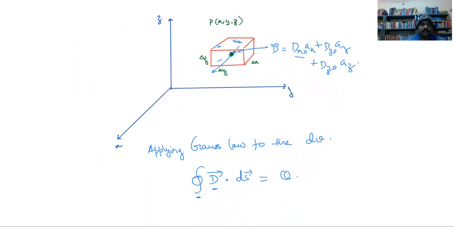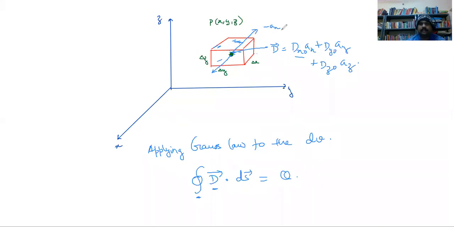So for this back surface, how is the flux moving now? As I told you, the point P is the source for the flux which is moving out of the differential volume element. So the flux is moving like this through the back surface. This is in the minus direction, correct? So it's a negative x-axis direction.